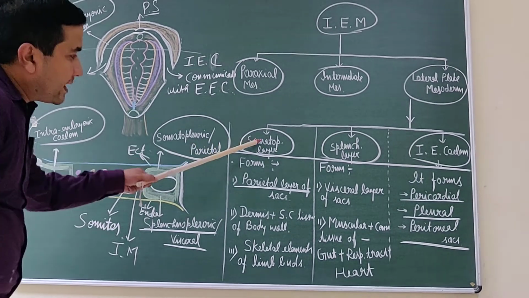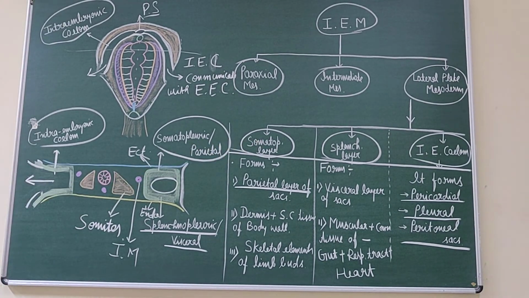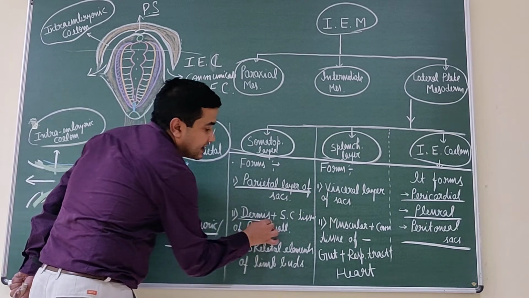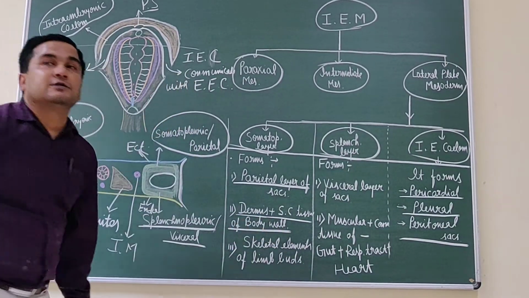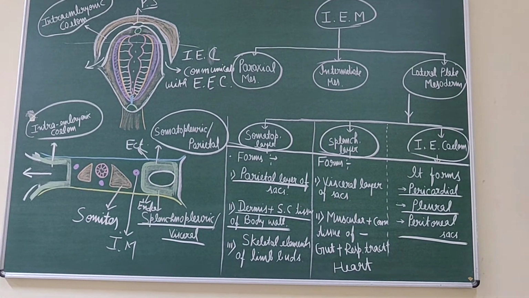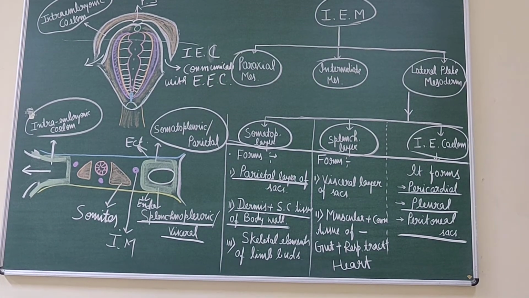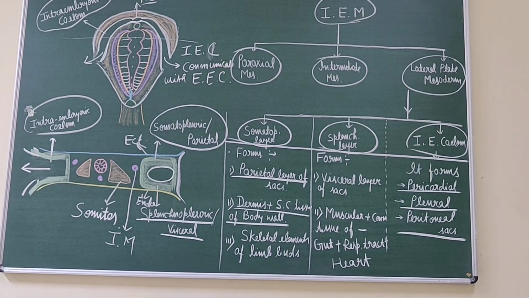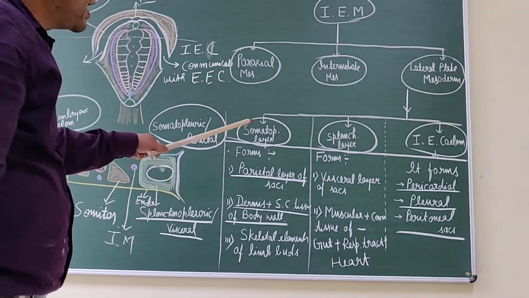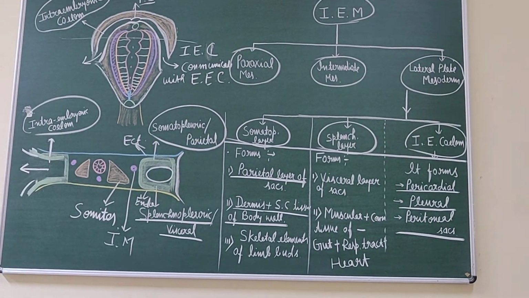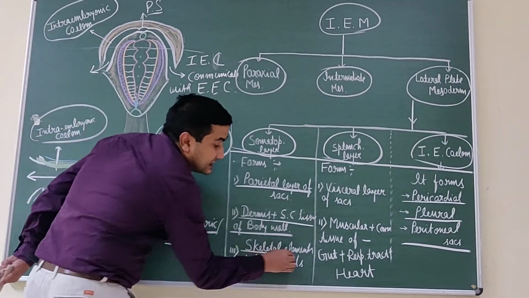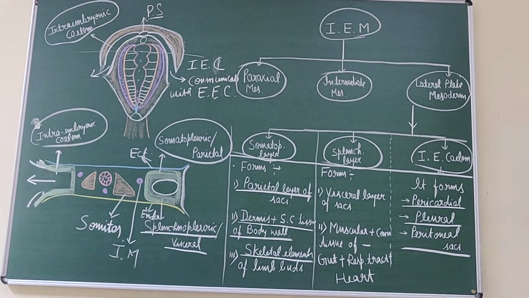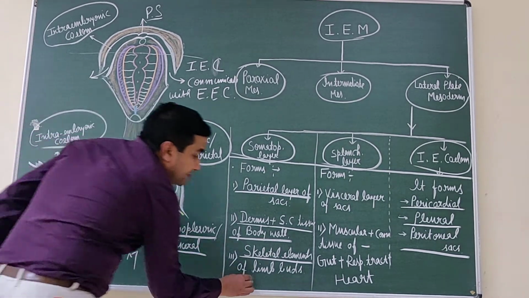Now this somatopleuric layer also forms the dermis and the subcutaneous tissue of the body wall. It also forms the skeletal elements of the limb buds.